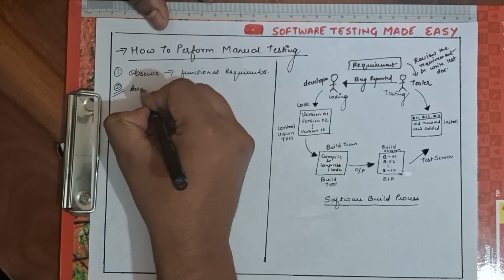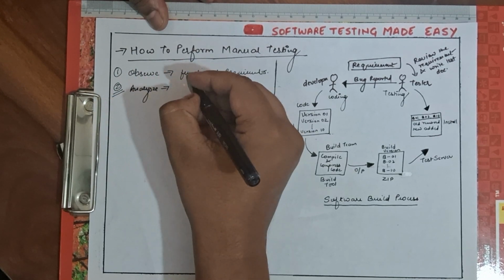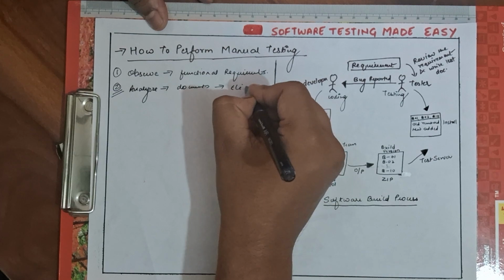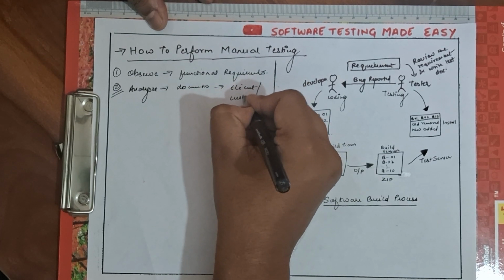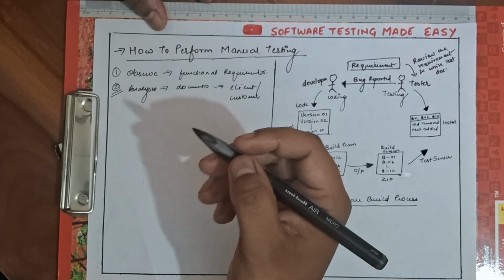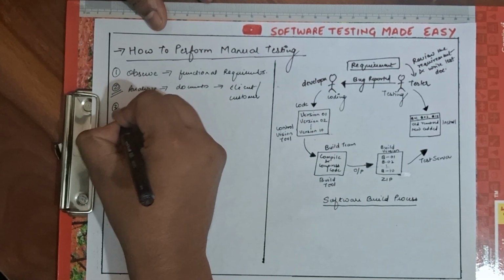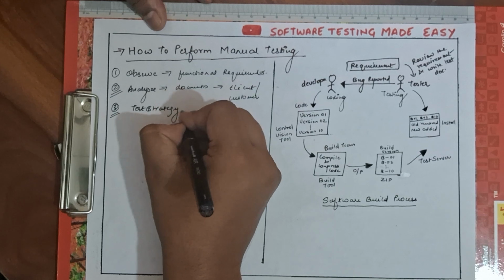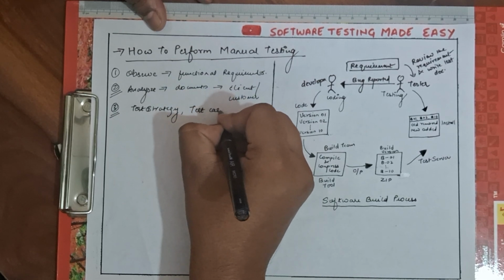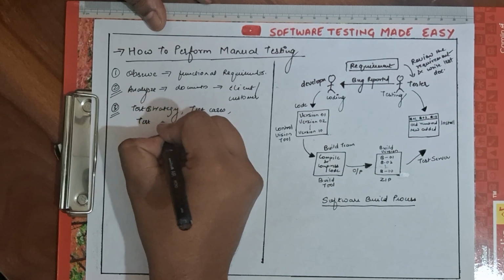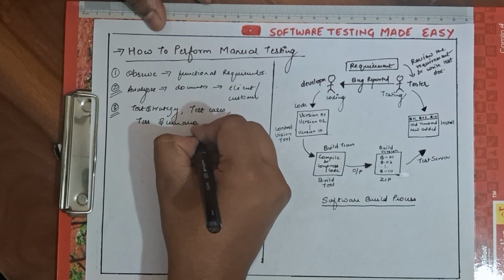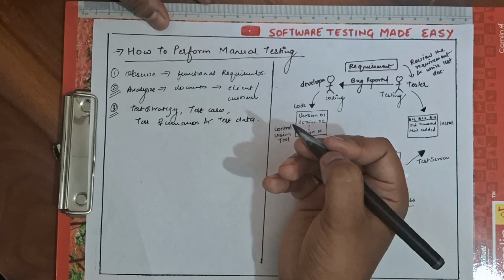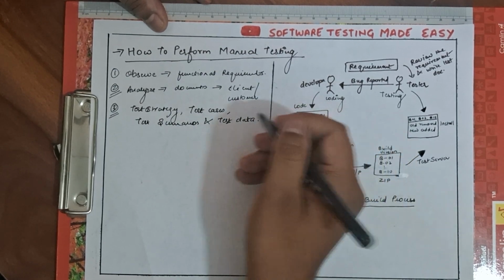They analyze the documents which are shared by the client, or the customer, we can say, so that they can select the testing areas, and based on that they prepare the test strategy, test cases, test scenarios, and finally the test data according to the documents shared by the client.